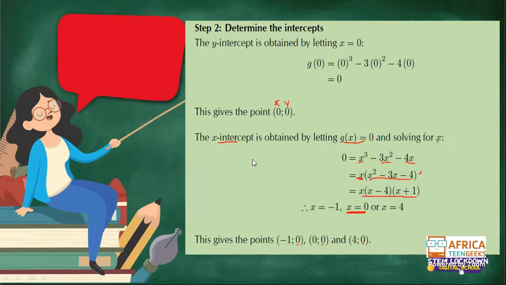No, it will depend. Okay, Cheslin is asking if we will always have 3 intercepts. No, it will depend on your function that is given. Okay, so that's why you need to check. So it will depend on the equation of your function.